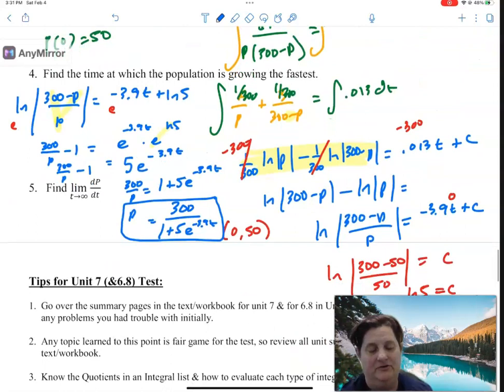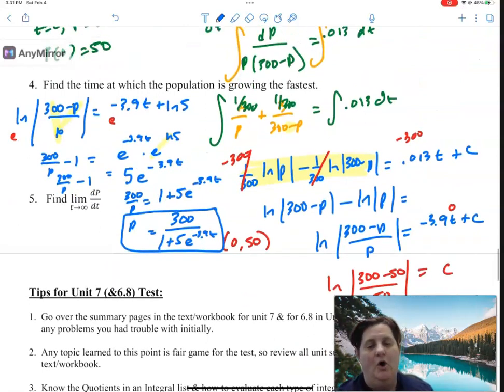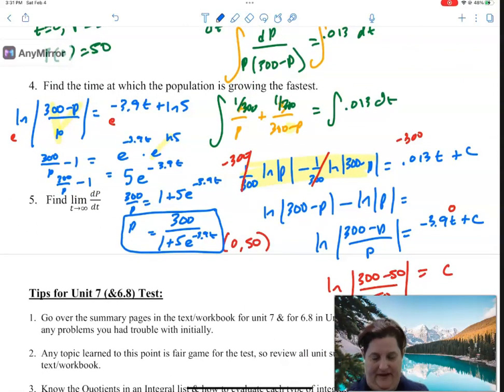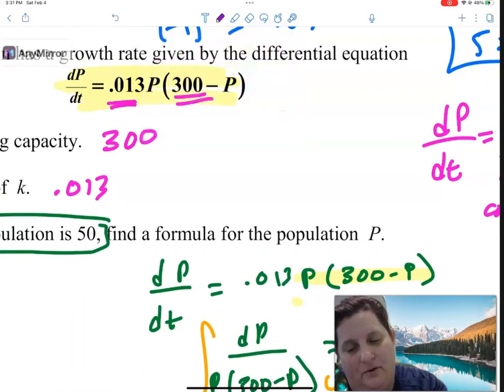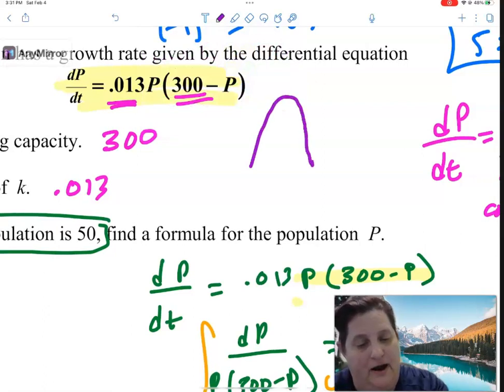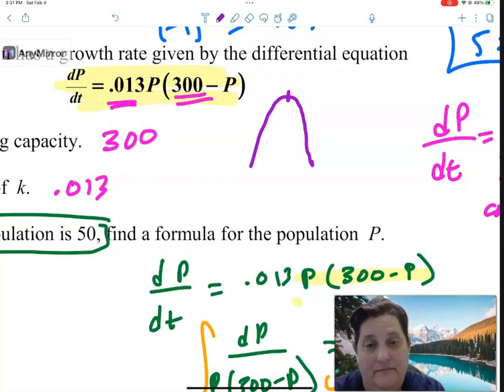So that's my population formula, but that's kind of the formula we know. When is the population growing the fastest? Do you guys remember it's growing the fastest at half of the maximum? We figured that out the other day because this is an upside down parabola, and an upside down parabola is specifically maximizing right there at the vertex.